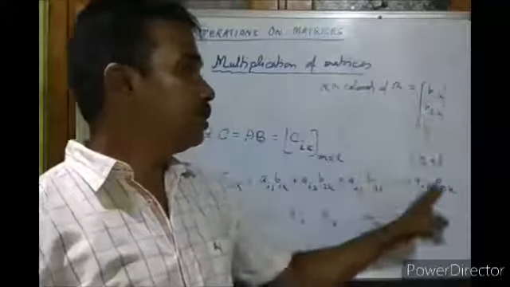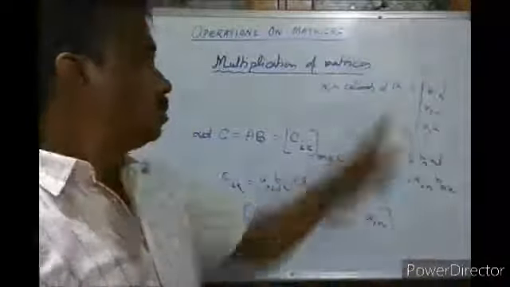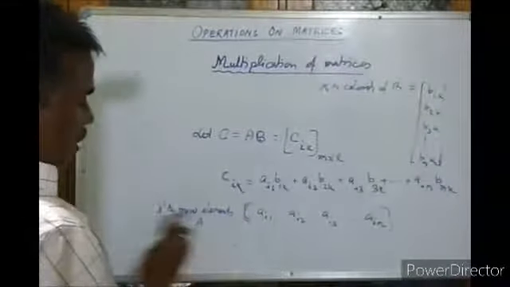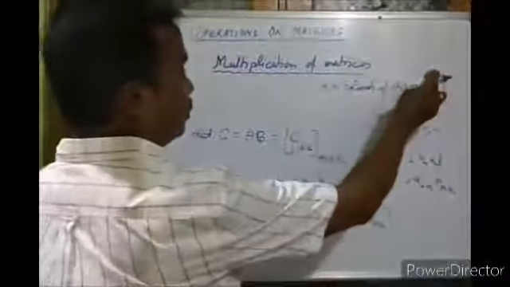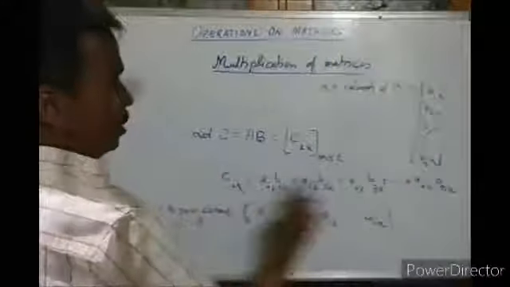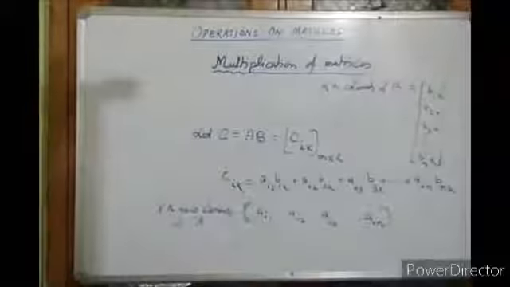So we multiply the ith row elements of A with the kth column of B, and then we get this. In this way, matrix multiplication is defined.